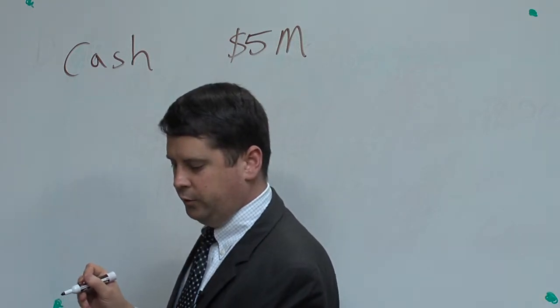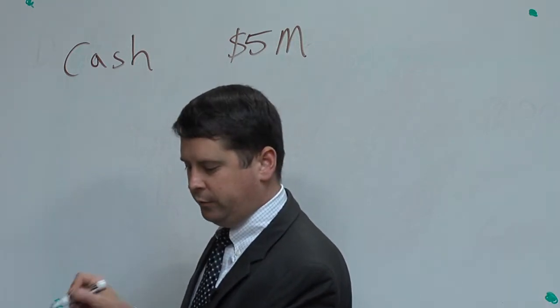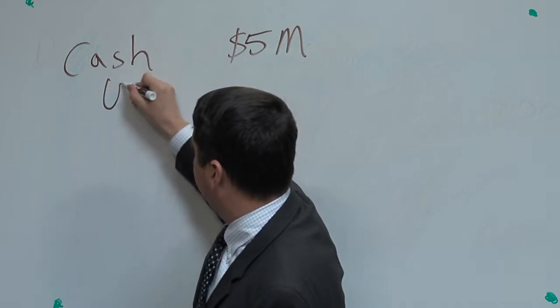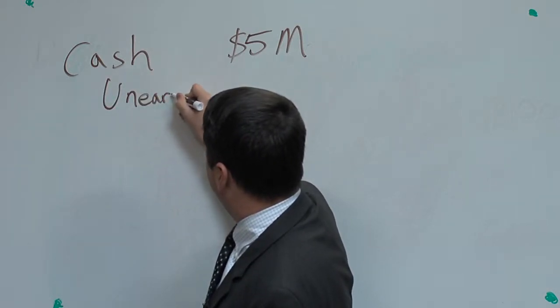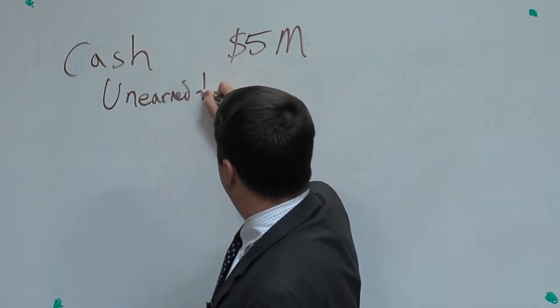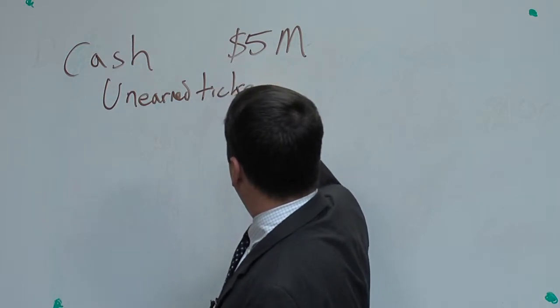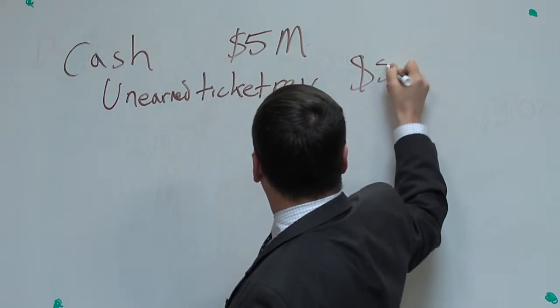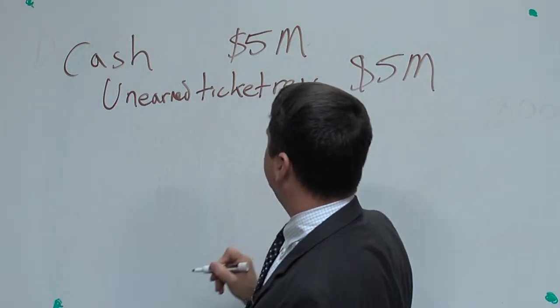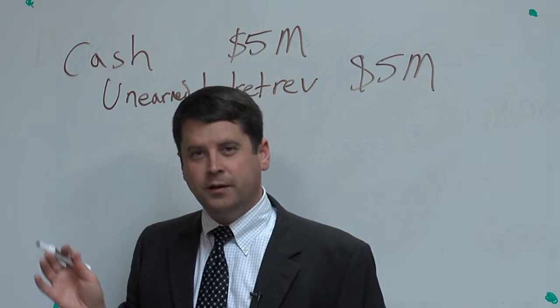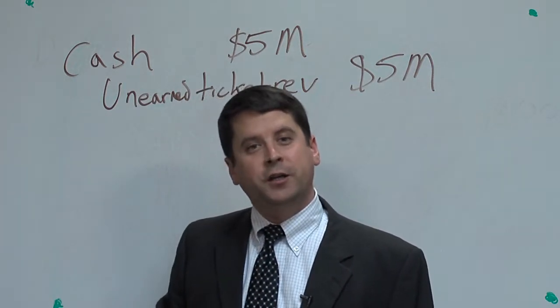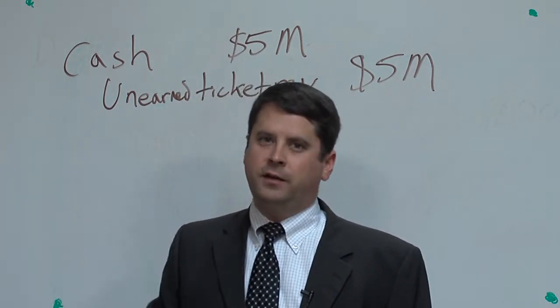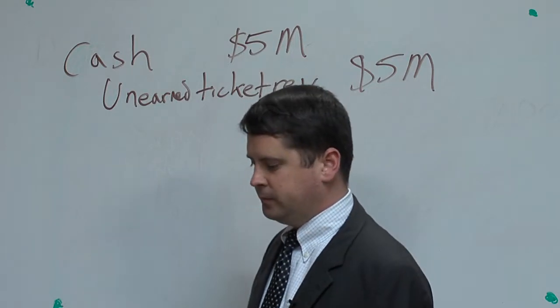And we're going to credit unearned ticket revenue $5 million. Okay, it's a liability account. Liability accounts are increased with credits. They're decreased with debits.